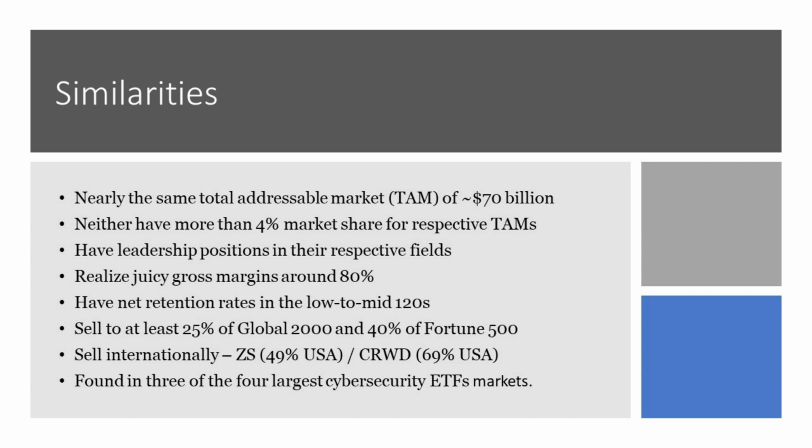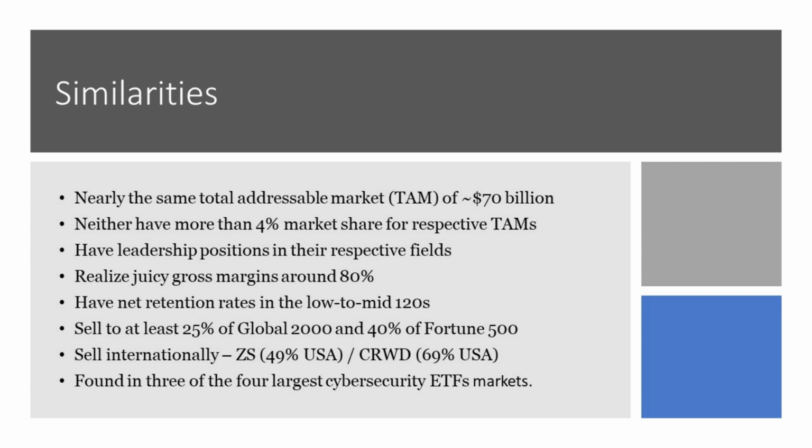Neither firm has more than 4% market share for their respective TAMs, so lots of room to grow. They have leadership position in their respective fields, as we just looked at in the Gartner quadrants. They realize juicy gross margins around 80%. Net retention rates are in the low to mid 120s. They sell to at least 25% of Global 2000 and 40% of Fortune 500.